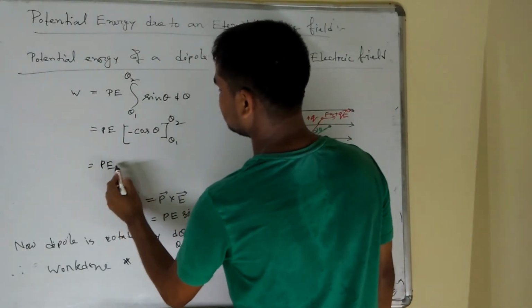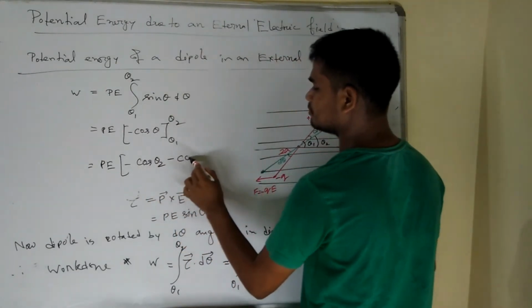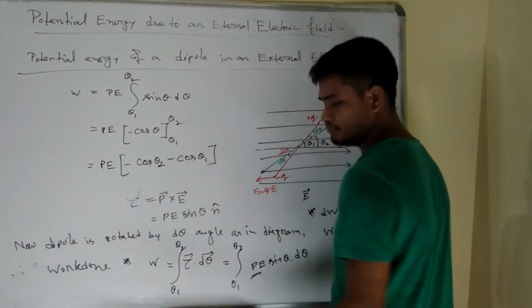So PE times minus cos theta 2 minus minus cos theta 1.